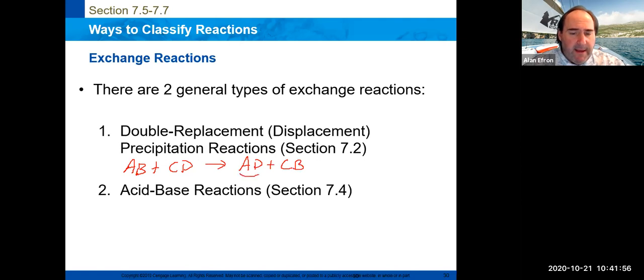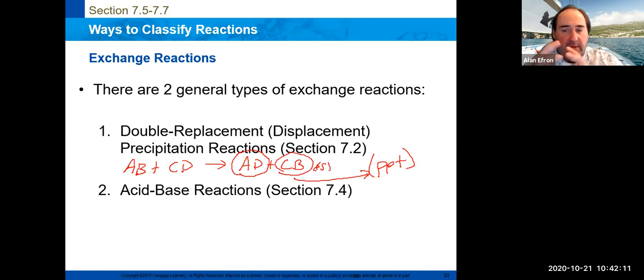But what ends up happening is one of these, in most cases just one, will form some type of precipitate, which is abbreviated PPT. So some type of solid is formed as a combination of what happens when those two ions come together. And that's why it's sometimes called a precipitation reaction, because ultimately you're making a solid as a result of that.